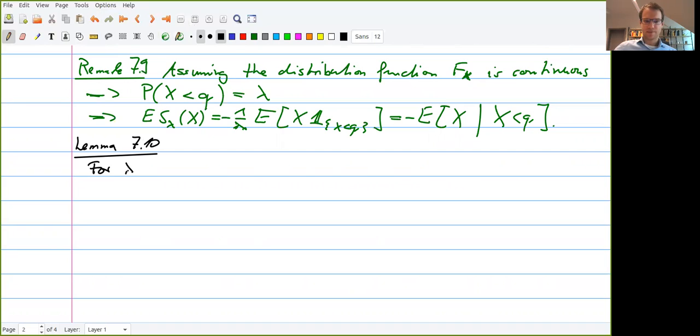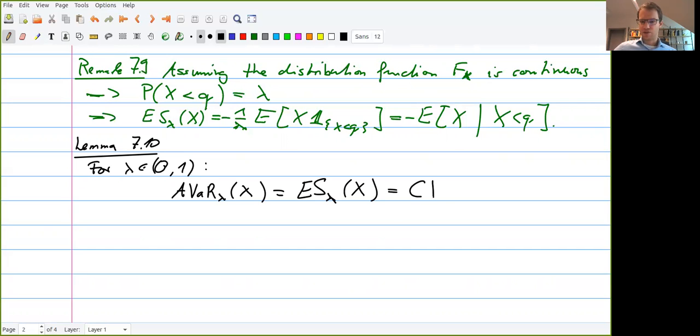For lambda in (0, 1), what do we have? Well, the average value at risk of level lambda of x is the same as the expected shortfall of level lambda of x is the same as the conditional VaR of x.